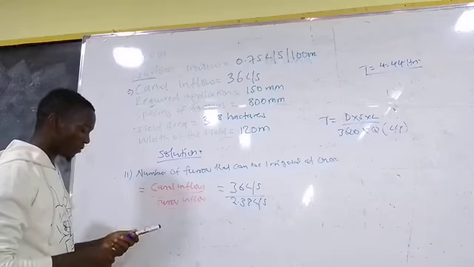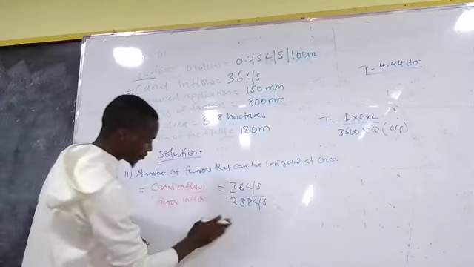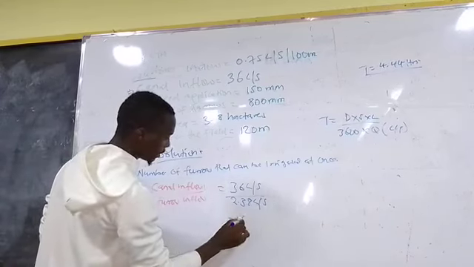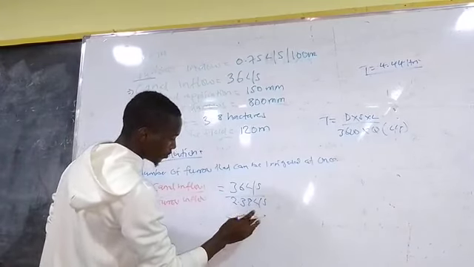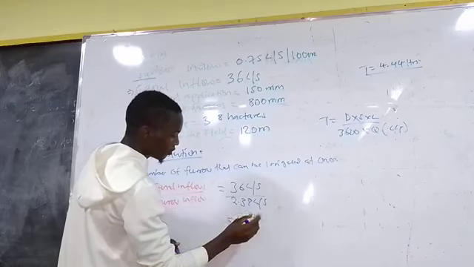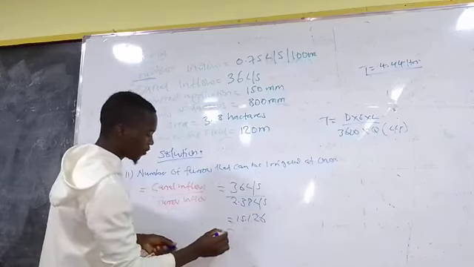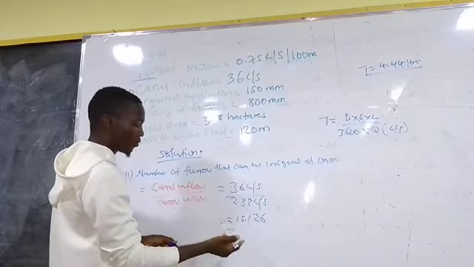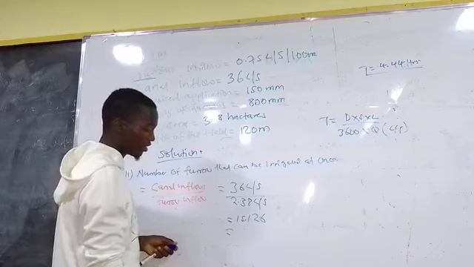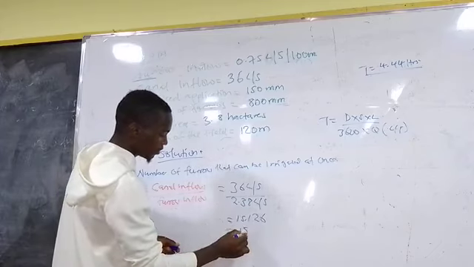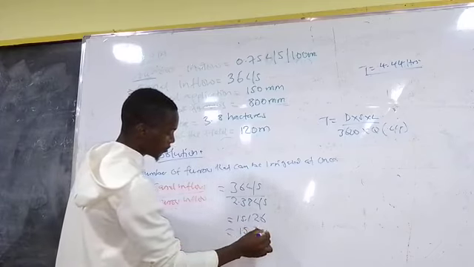How many furrows do we get? 15.26. So this is the number of furrows, but in this case we can't round off to 16. So we just end at 15 furrows.